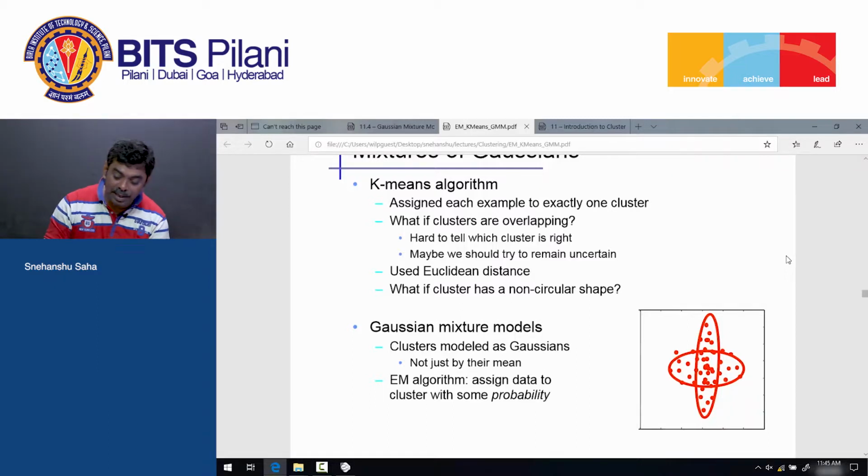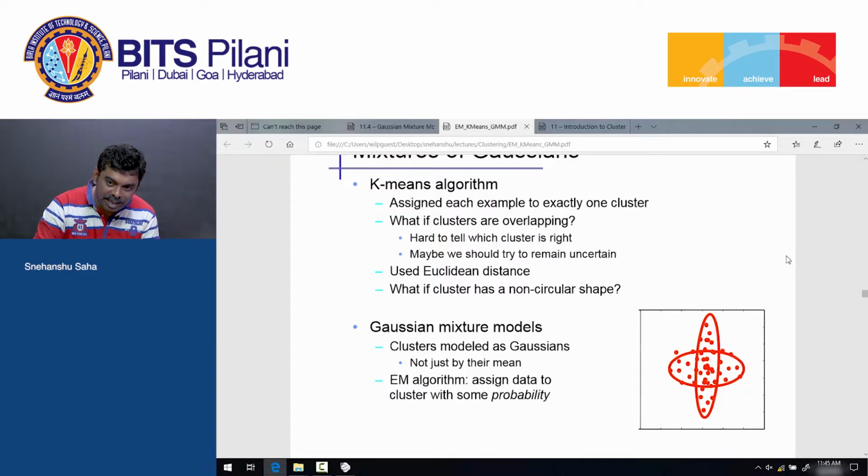But in this particular case, you have data points which are elongated along an ellipse, and then you have data points which belong to another ellipse. K-means will wrongly assign data points to clusters because these are overlapping. Let's pinpoint this point.